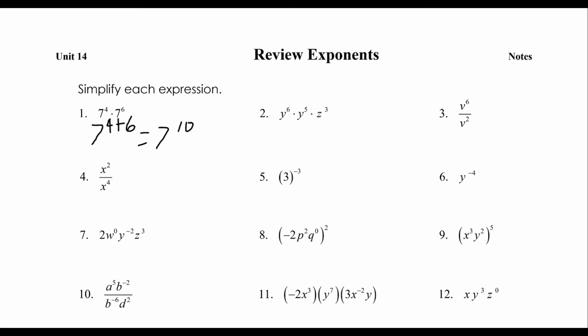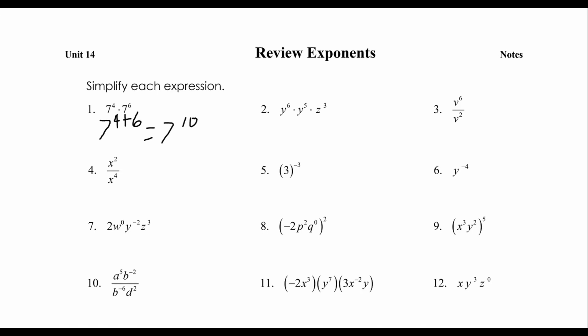Number 2 is going to be very similar. If you notice, right here we have a y term and then a z. If you remember correctly, we can only combine the exponents for things that have the same base. Y's are our base here, z is the base there.